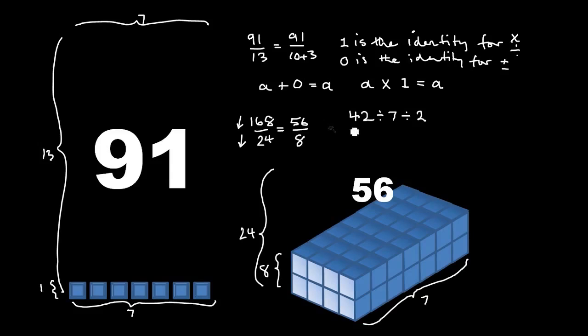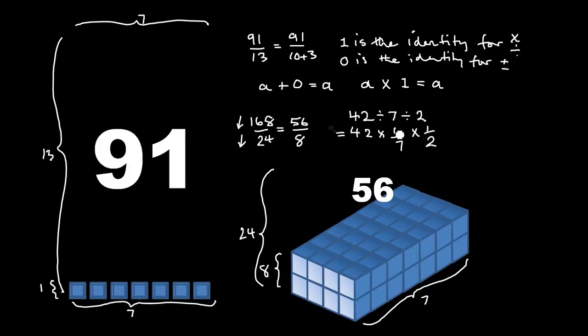If we want to start commuting and associating, we can change this into a multiplication. We know that to divide by something is to multiply by 1 divided by that number. So 1 divided by 7, and we can change this one as well to 1 divided by 2, in other words a half.